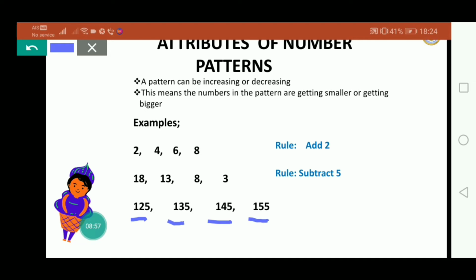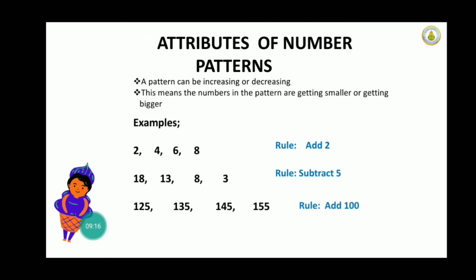So what do you think? How many did they add in each number? Very good. So they add 100. So what is the rule here? The rule here is add 100.